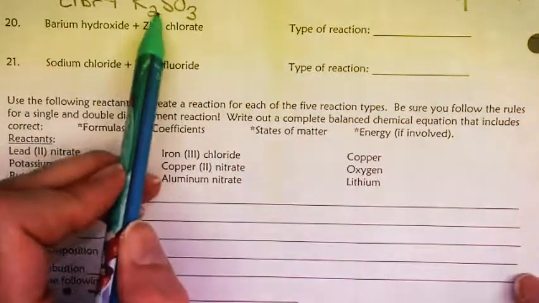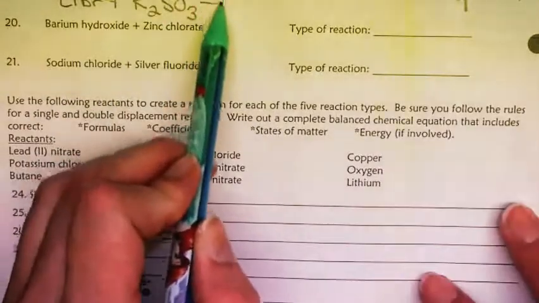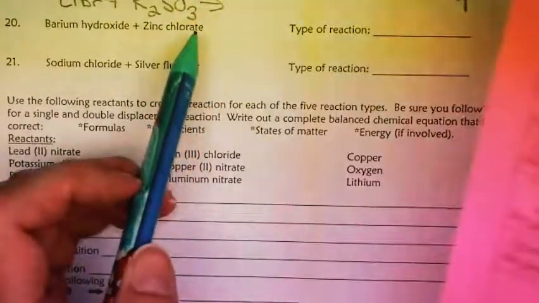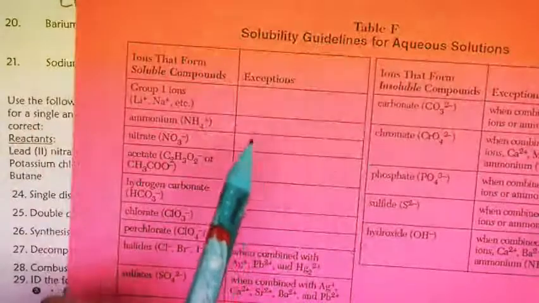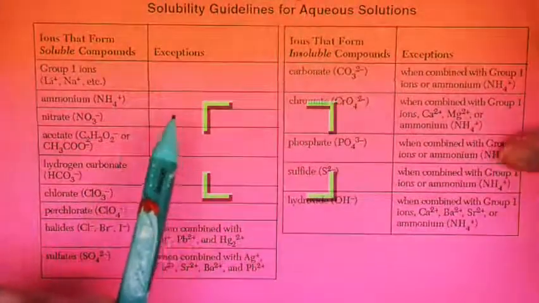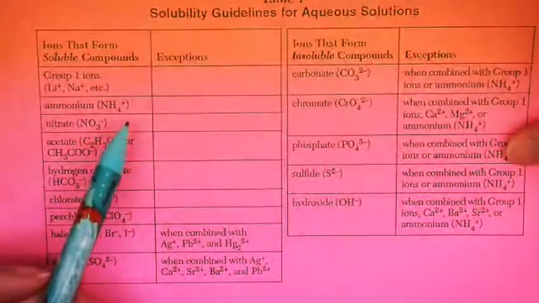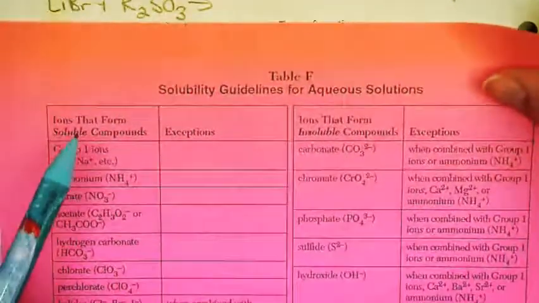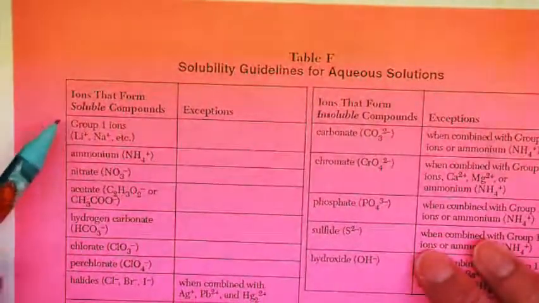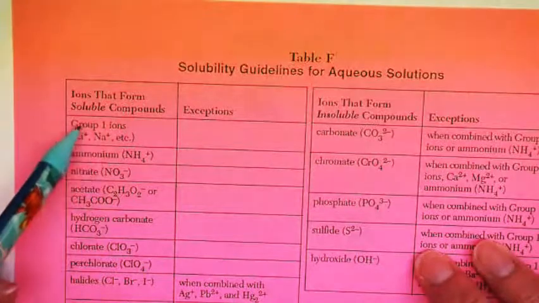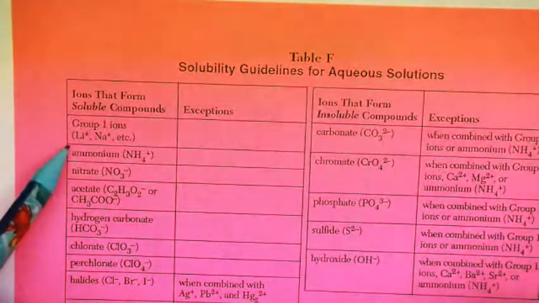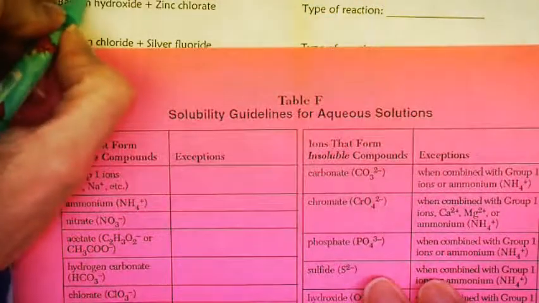So this would be our 2 reactants, and then we need to check, remember, your solubility chart to make sure that you have 2 aqueous reactants. So if we look at lithium bromide, it says ions that form soluble compounds, so group 1 ions, so lithium. So this is aqueous.